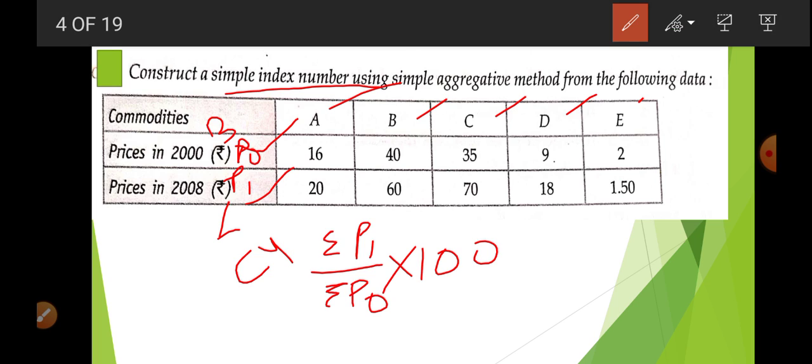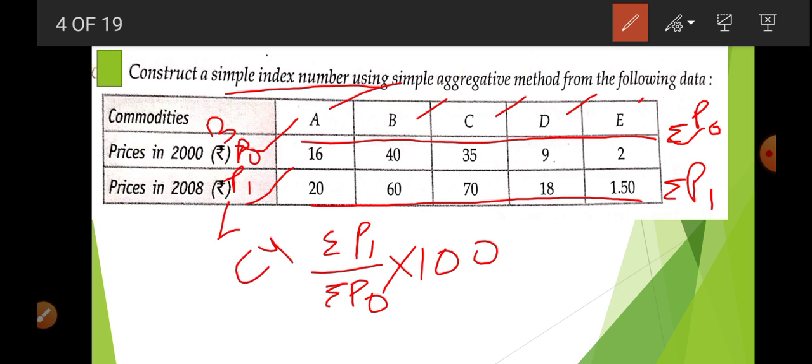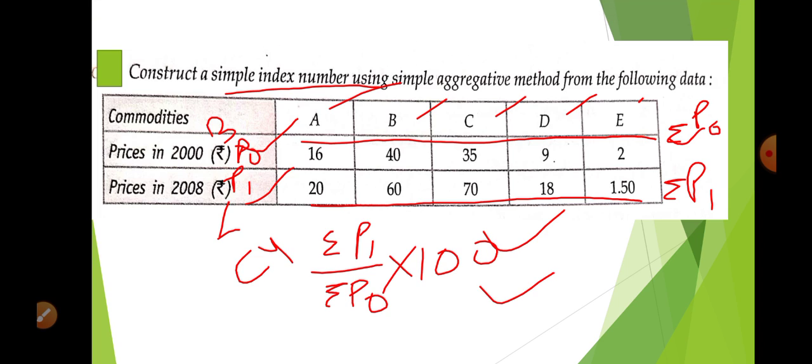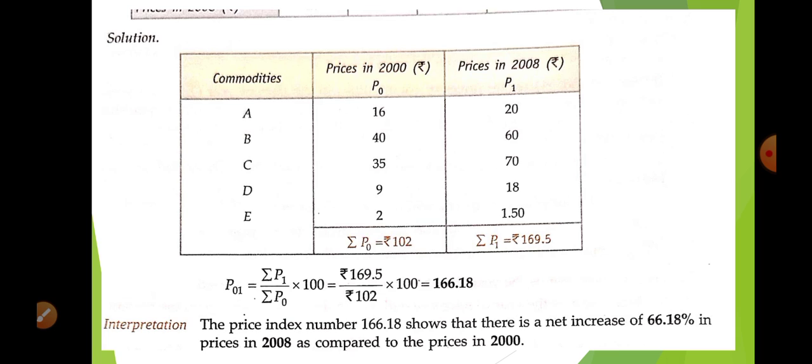So what are we going to do? We are going to add all these numbers, and in this way we get sigma P0. In the same way we add all these numbers, we get sigma P1, and we put these values in this equation and get the simple index number. Okay, so here is the solution.